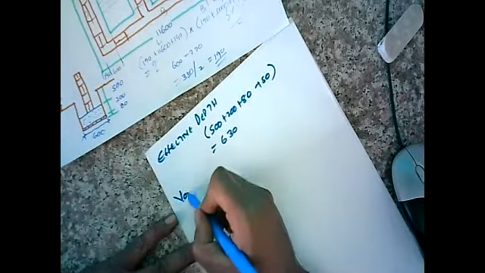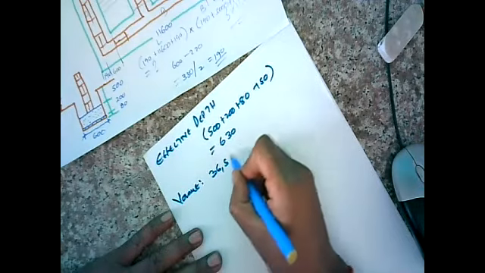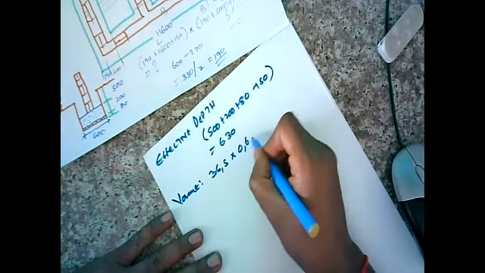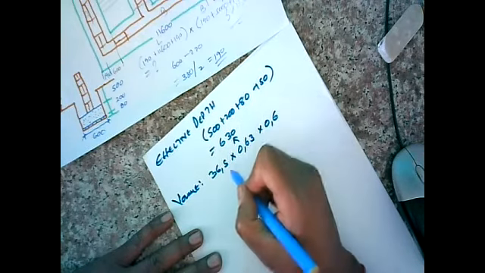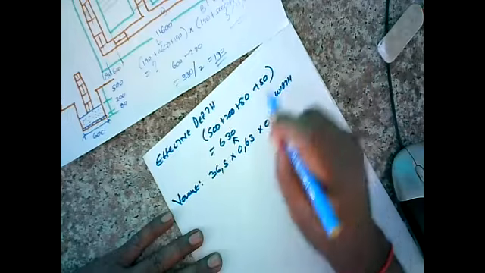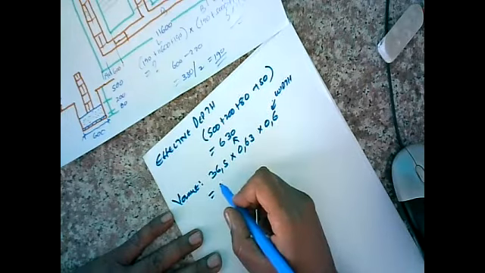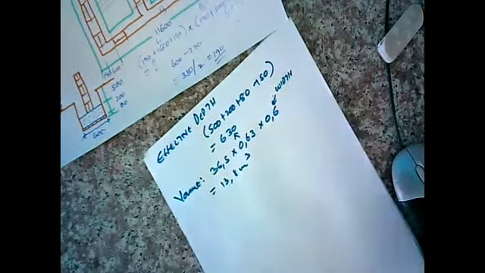And now volume. What's our volume? We found 36.5 times 0.63, I got it from there, times 0.6 as the width of the trench. And we get a volume of 13.8 meter cube. So we have volume.